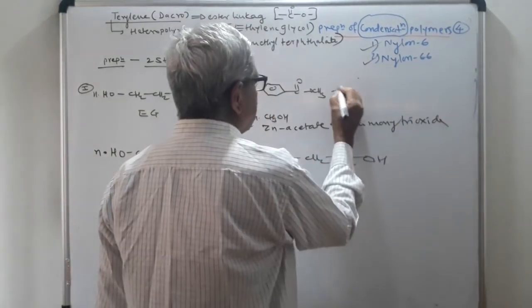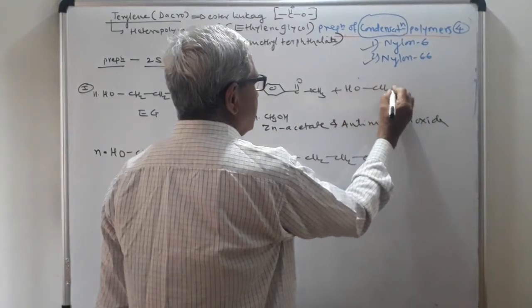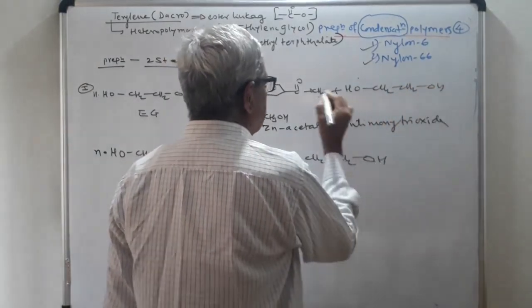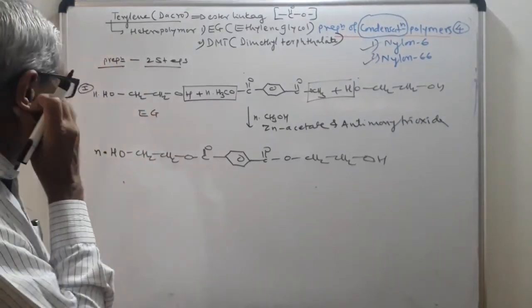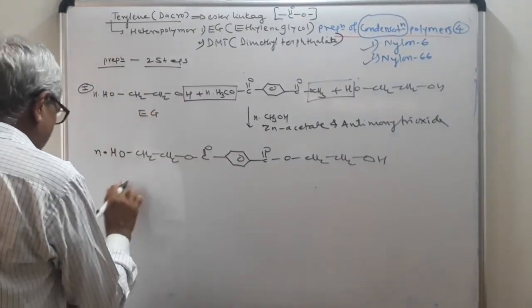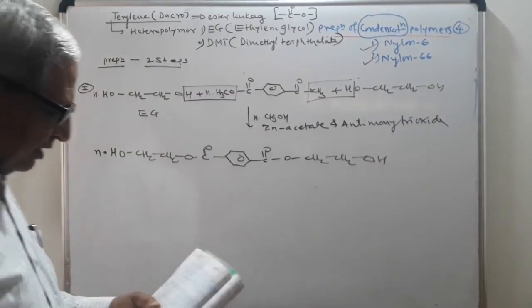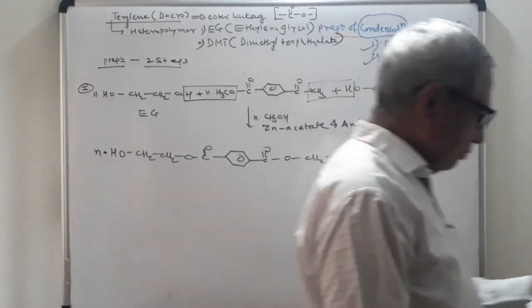You can use another molecule here, OH, CH2OH. You can remove the ethylene glycol molecule. So this is the point here. Then it undergoes the second step, the polymerization reaction, and you will get an ester, and that is known as polyester.